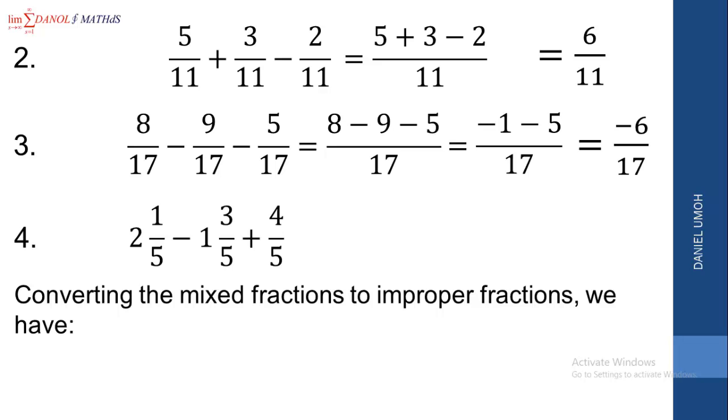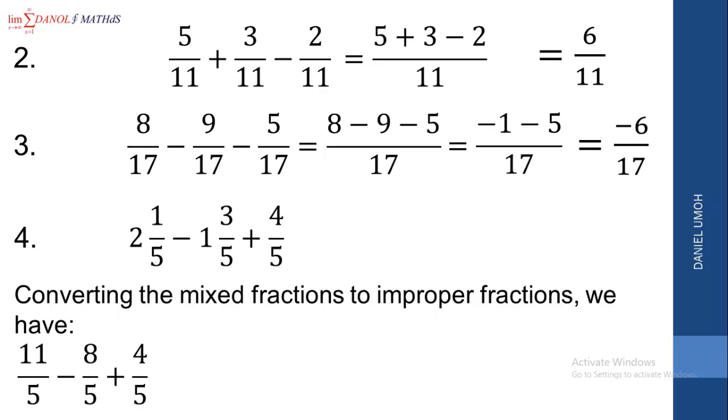So we are going to have 11/5. Then the second one, which is 1 whole number 3/5, we're going to have 5 times 1, which is 5, then plus 3, and that gives us what? 8/5. I don't expect you to have any challenge in this conversion process, because in one of our lectures we were able to teach you how to convert from mixed fractions to improper fractions.